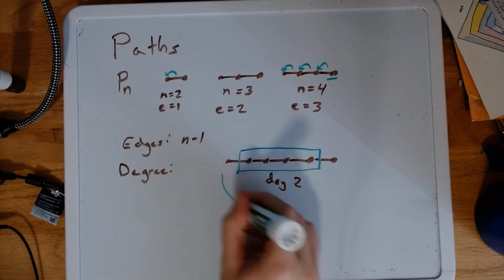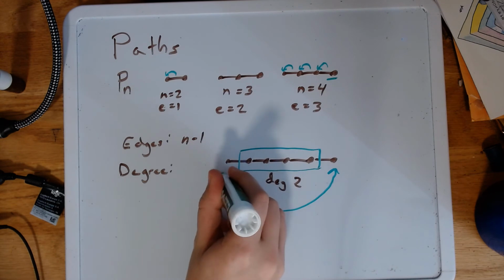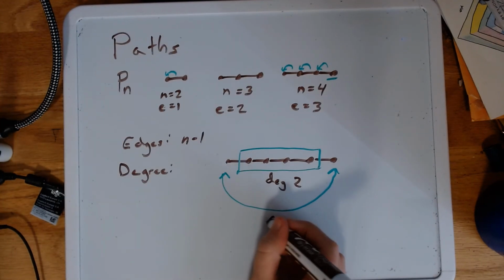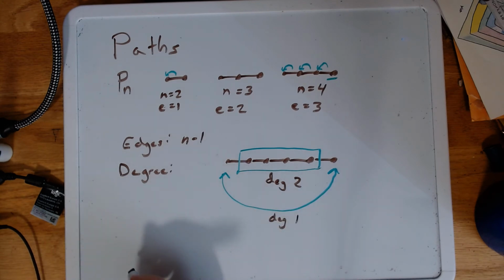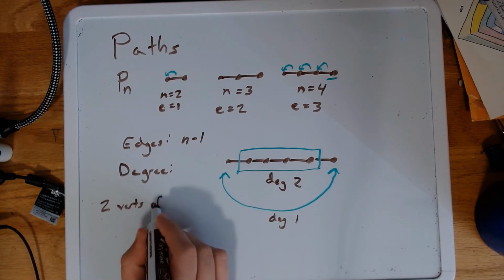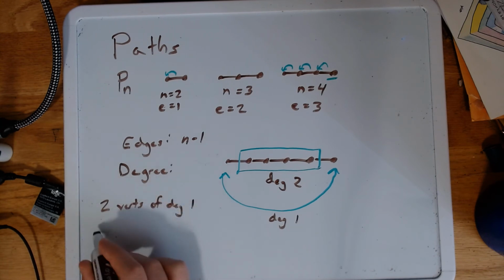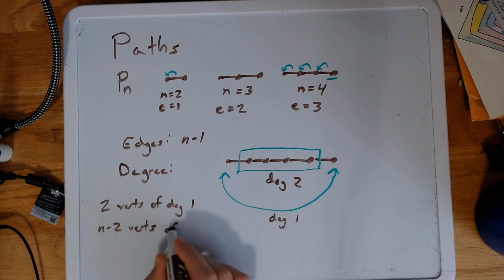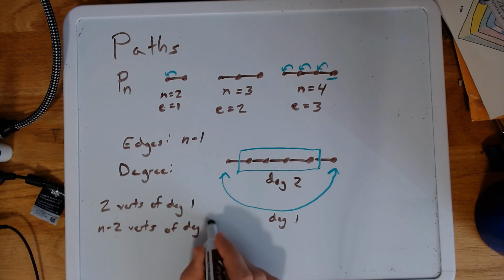But then the end ones only have degree 1. So in general, we have 2 vertices of degree 1 and n minus 2 vertices, all the others, of degree 2.